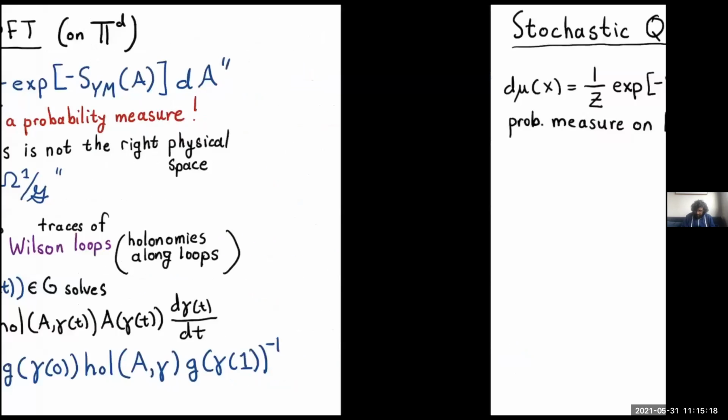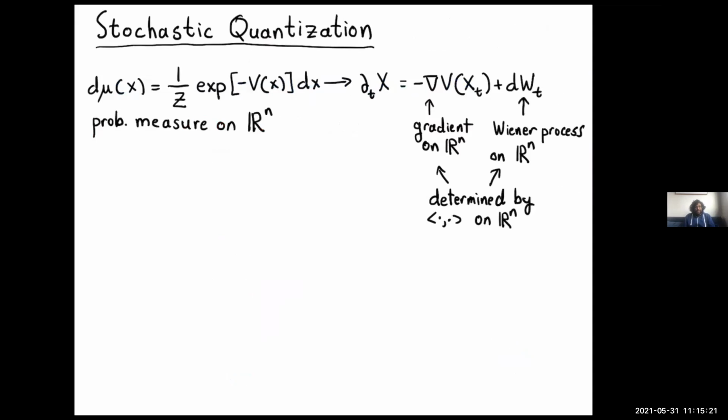Okay. So I talked about stochastic quantization. This is stochastic quantization in Rn. You have some probability measure given to you by some Gibbs weight. And then what you do is basically stochastic gradient descent, right?